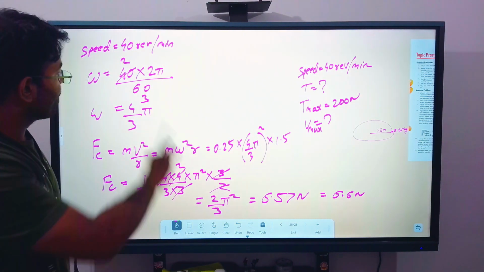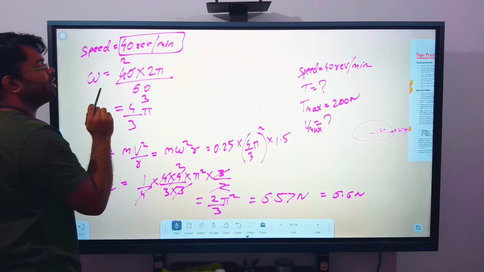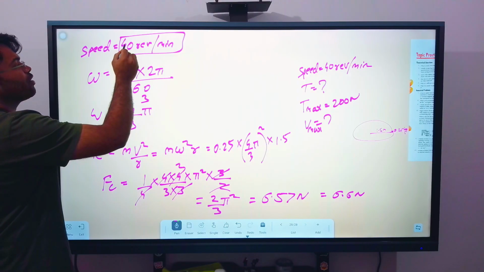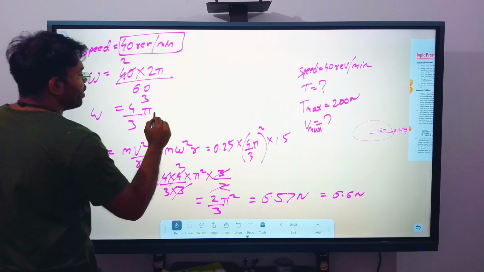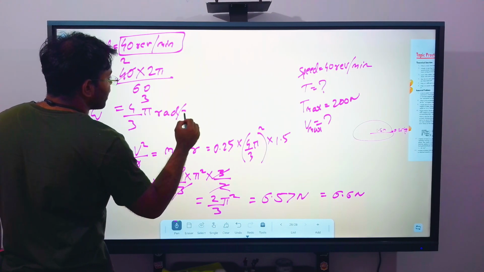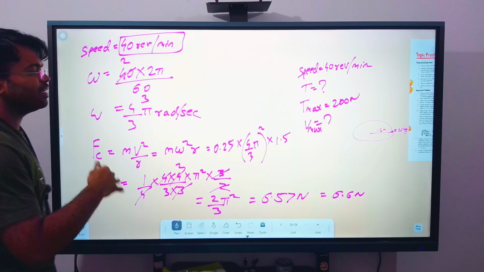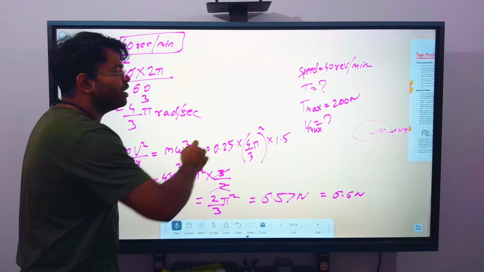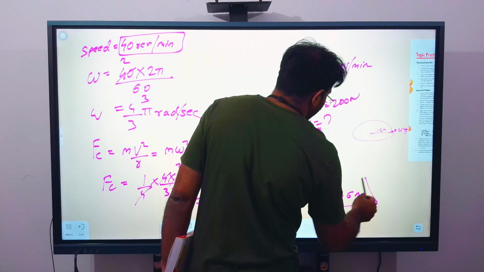Clear? So, revolutions per minute, how do we convert it? You understood, right? So first convert 40 revolutions per minute into omega, you will get the value of omega as rad per second. Okay? Then, Fc is equal to mv square upon r is equal to m omega square r is equal to this value. I converted this into 6.6 newtons.